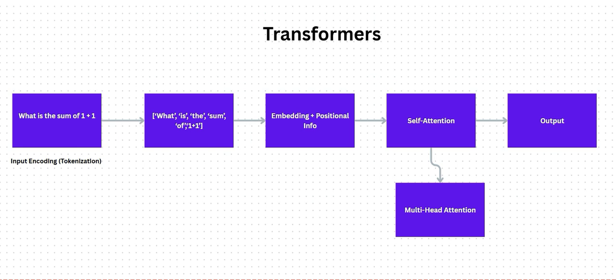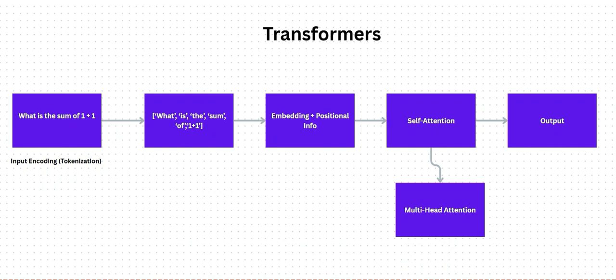Then each token is converted into a vector using the embedding layer. But since the transformer doesn't have a built-in sense of word order, we add positional encoding, or positional info. This is a technique that injects the position of each word into the model so it knows the order of the words. Then it navigates to the self-attention mechanism.